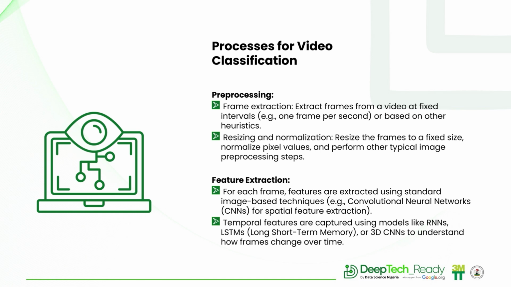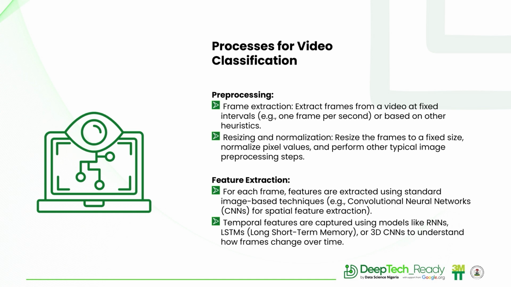So resizing and normalization means you resize the frame to a fixed size, normalize the pixel values, and perform other typical image processing steps. We've demonstrated that a lot with respect to frame based analytics.